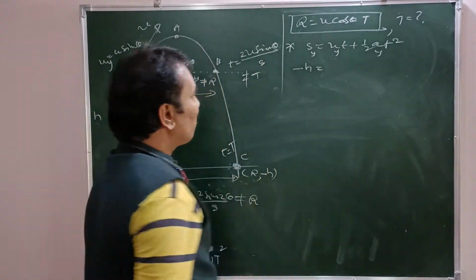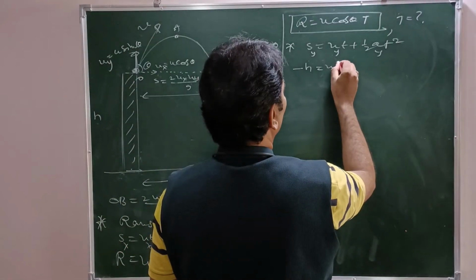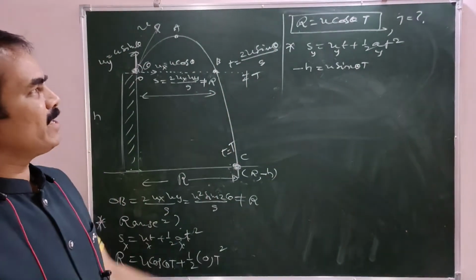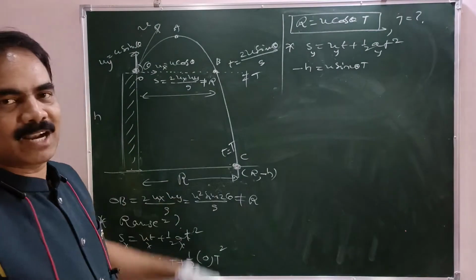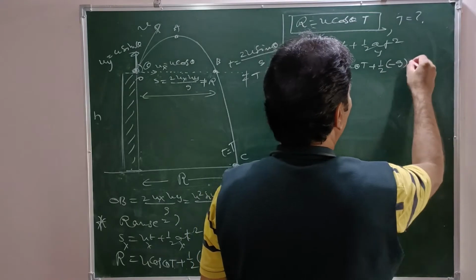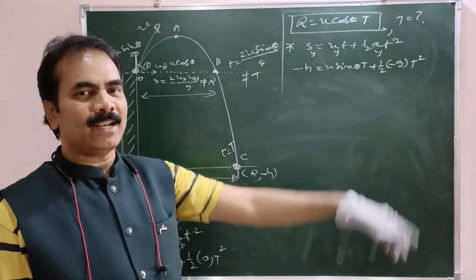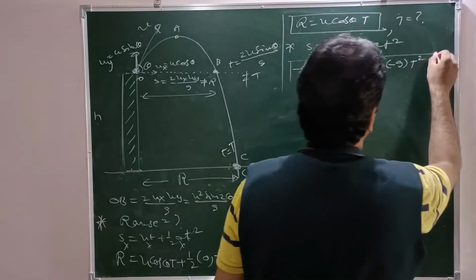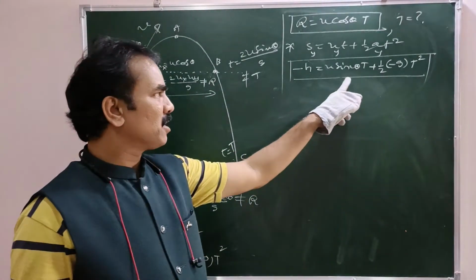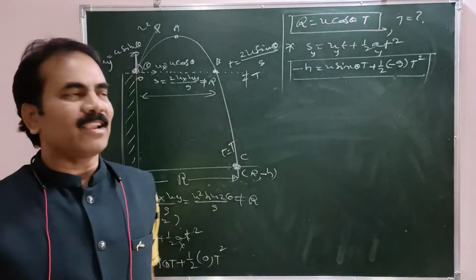Uy means u sin theta, upwards means positive, into capital T, plus half into ay, which is minus g, into capital T square. On solving this expression, one can find capital T. This is the expression to find time of flight. Then we can substitute T here to find the horizontal range.